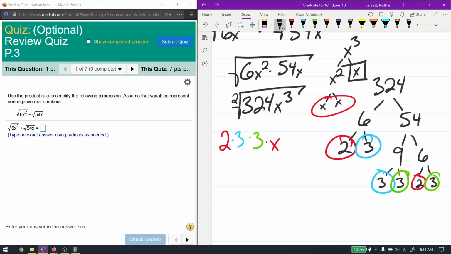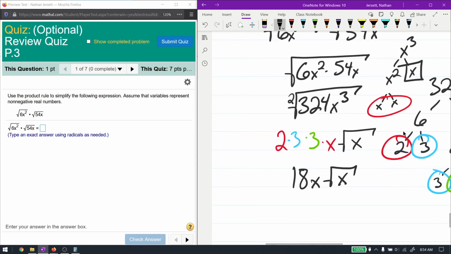It does not come on the outside. Now we can simplify the statement. 2 times 3 is 6, times 3 is 18, x times the square root of x. What we've done is taken perfect squares from the inside onto the outside, and simplified the statement.